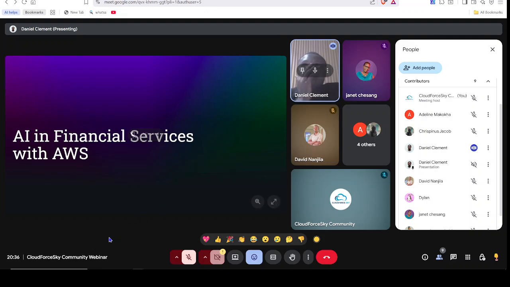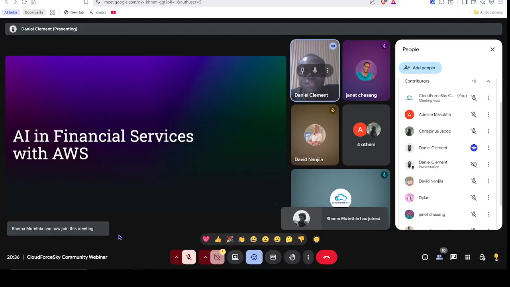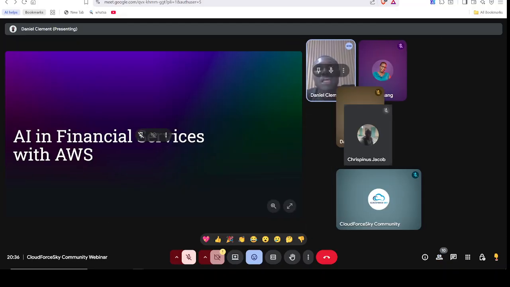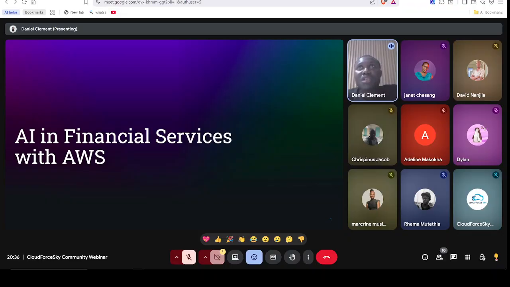So basically, today we'll be talking about AI in financial services with AWS. Most frequently, as part of our lives, we go through daily financial mechanisms, one way or the other, in order to make our life better, make payments, savings, and what have you.